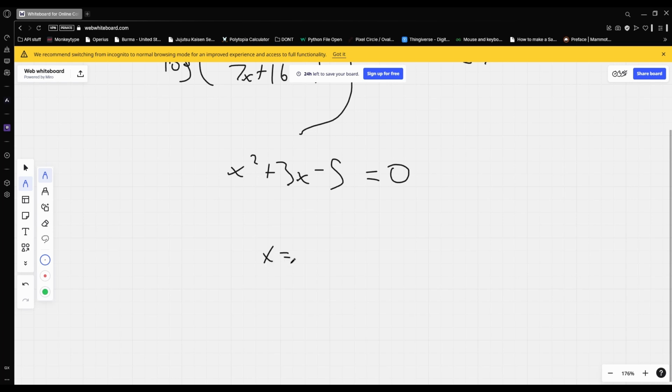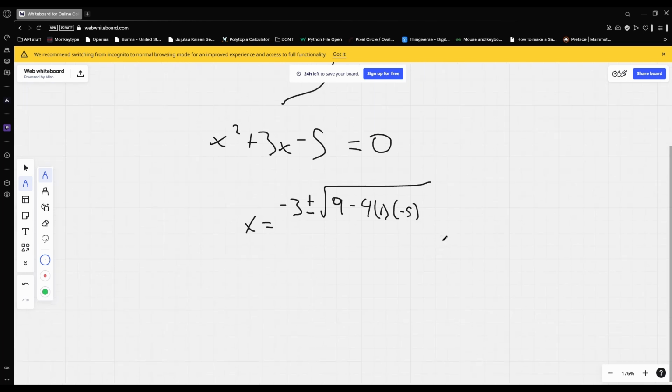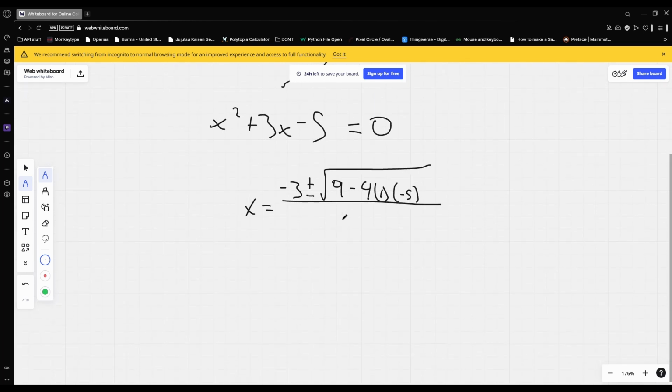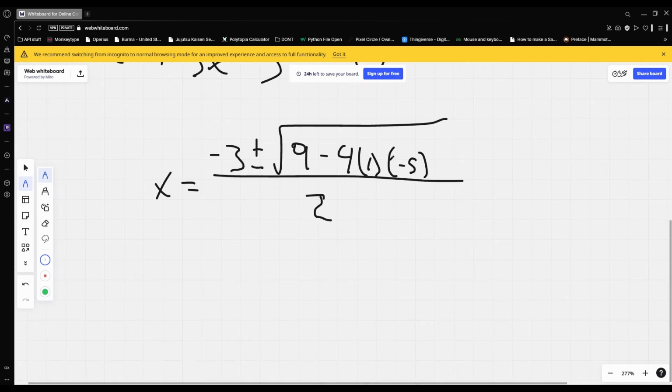So we say x is equal to negative b, which is 3, negative 3 plus or minus the square root of b squared, 9, minus 4 times a, which is 1, times c, which is negative 5, over 2a, 2. Let's make this happen. So negative 4 times negative 5 is 20, 9 plus 20.